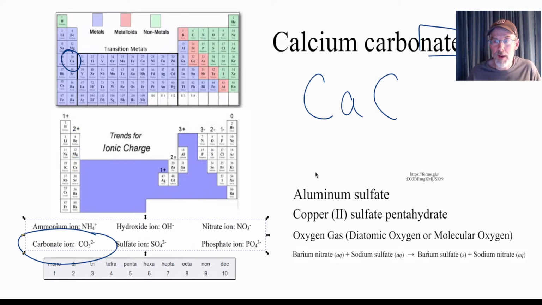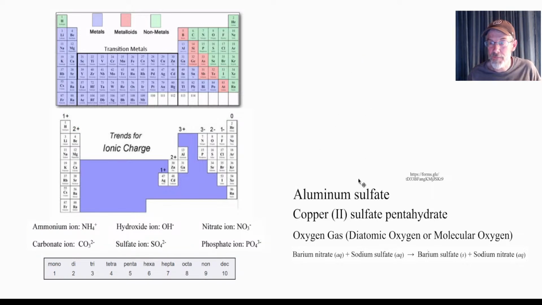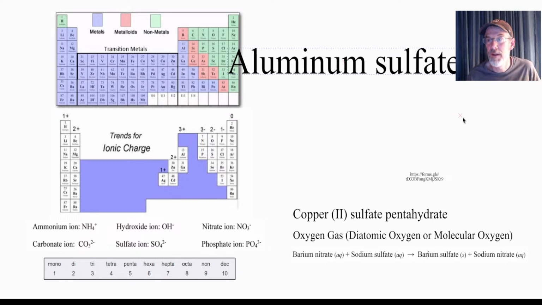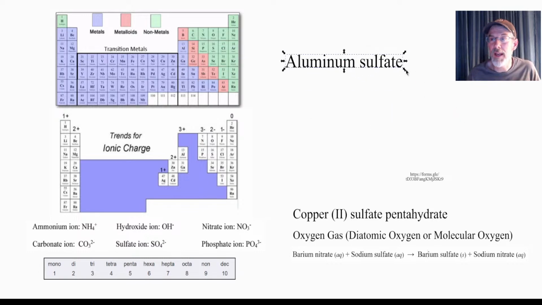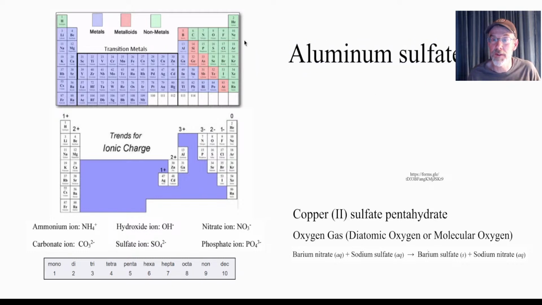All right, now we got a hard one, aluminum sulfate. Let's see if you can do aluminum sulfate. So again, be careful, we have that ATE on the end, so it's not going to be on the periodic table for the sulfate. Give it a try. Mukesh, it's not Al2S3.